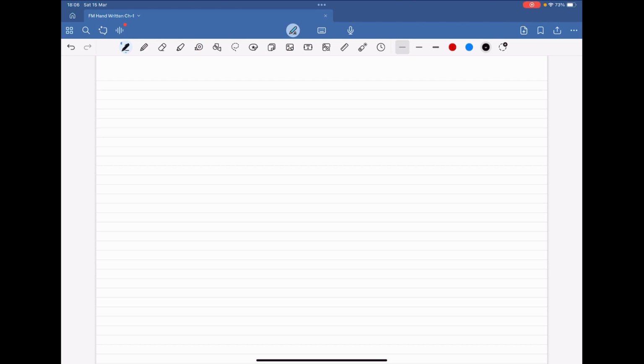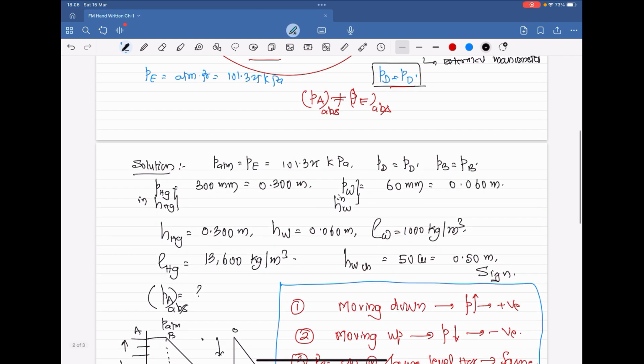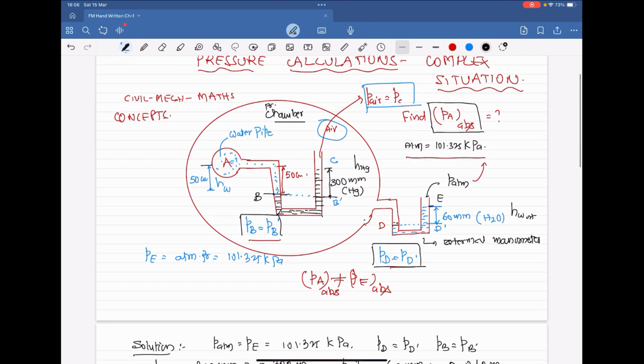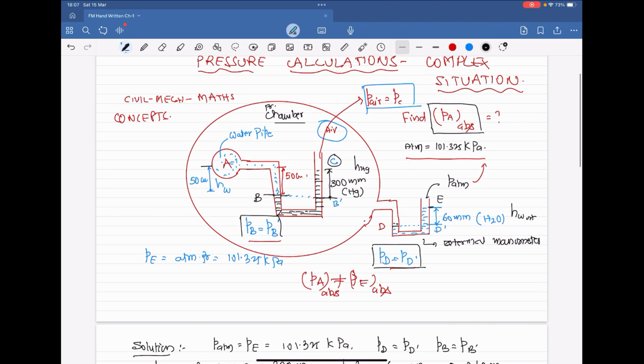Now, the pressures are at various points. We can say PA. We don't know what we have to find out. PB, and another point is PB dash. Another is PC, open to the air inside the chamber. You please see, PC is open to the air inside the chamber.